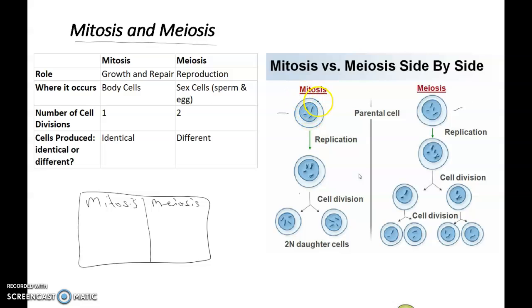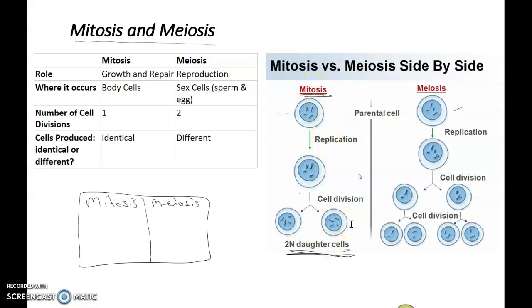So you'll notice, if we're doing a bit of a spot the difference between the left and the right hand side, or the mitosis and the meiosis, that the mitosis side only ends up with 2 cells in the end, and we call those daughter cells. So mitosis ends up with 2 cells.